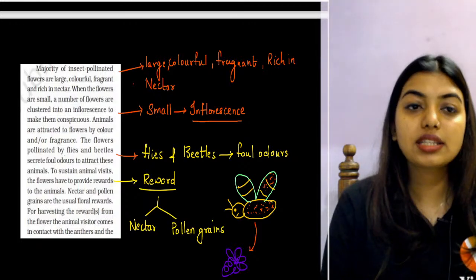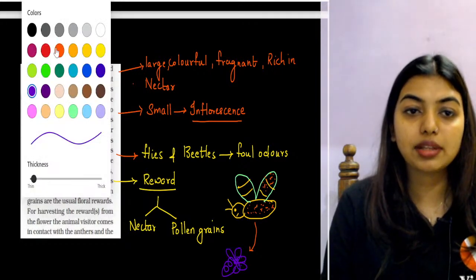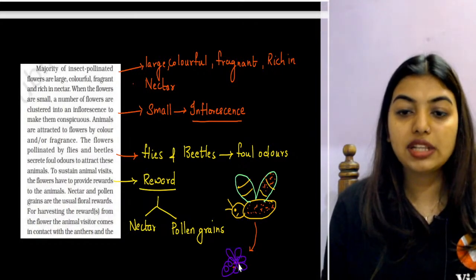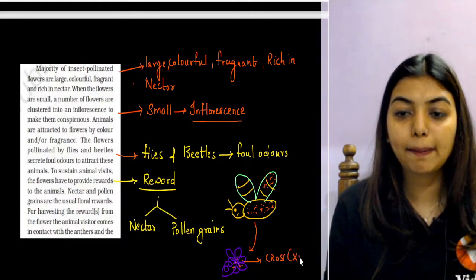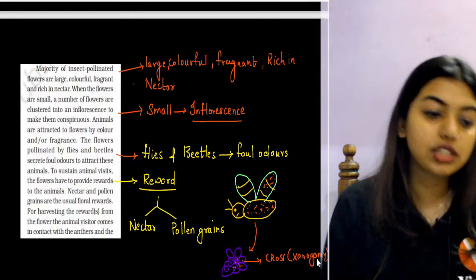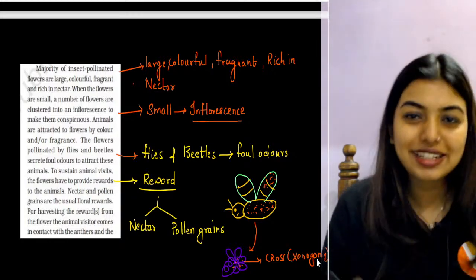This will dust these pollen grains onto this flower, and if they are going to accept, that is, the flower feels that they are compatible, then here there will be cross pollination or xenogamy happening. Understood? Yes, sorry, not petals, wings.